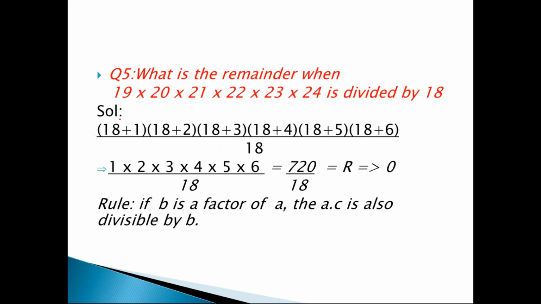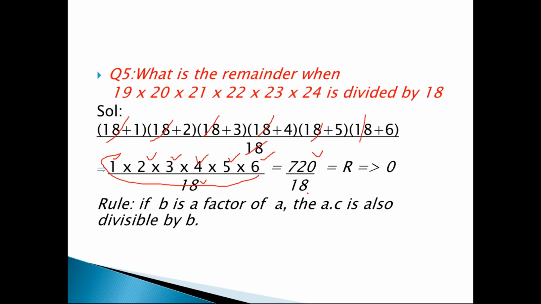Here all these 18s are exactly divisible by 18. Now the remainders are 1, 2, 3, 4, 5, and 6.